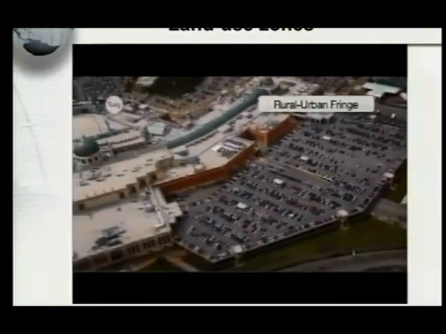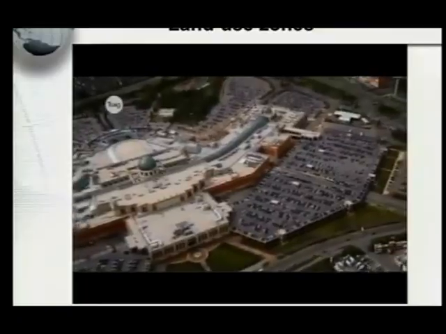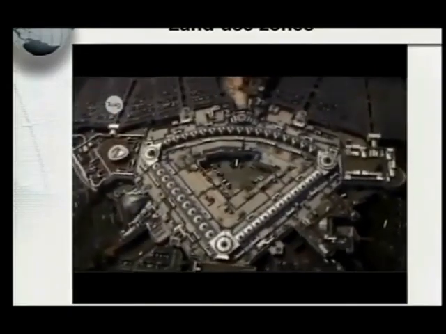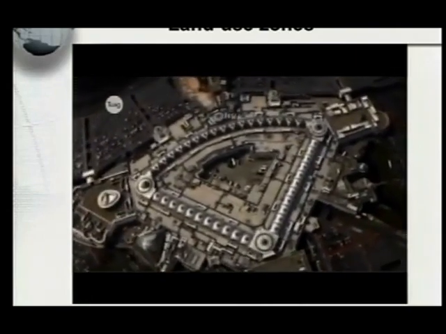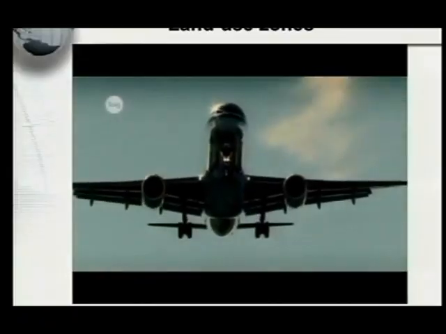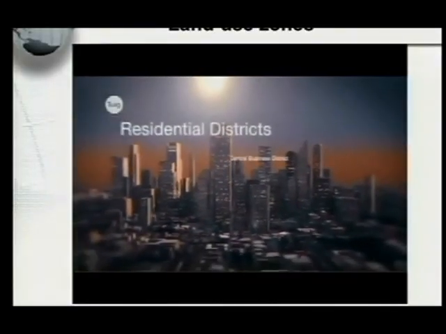Beyond suburbia lies the rural-urban fringe, the transition zone between town and countryside, commonly dotted with business parks, shopping centres, hotels and in many cases, airports. Remarkably, urban settlements follow this basic pattern in almost every town and city in the developed world, transcending size, culture and climate.